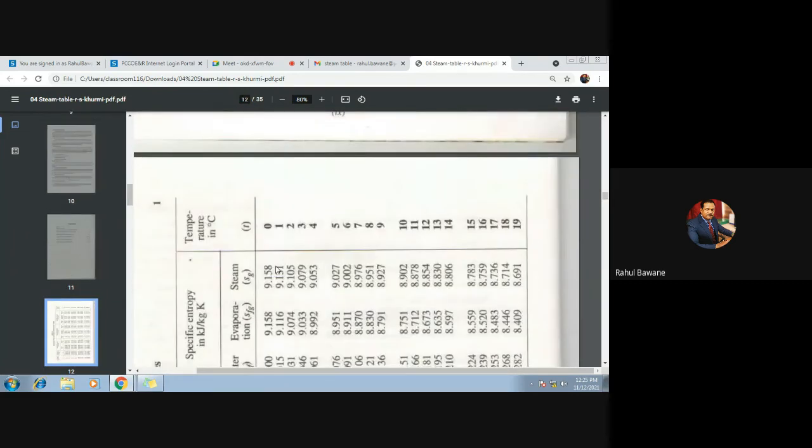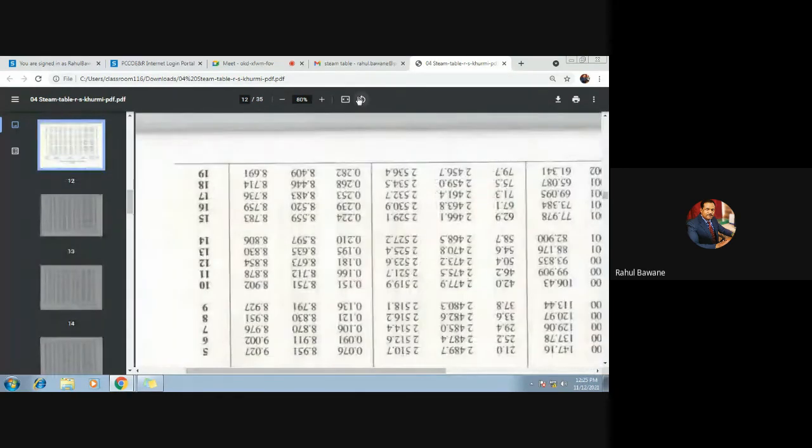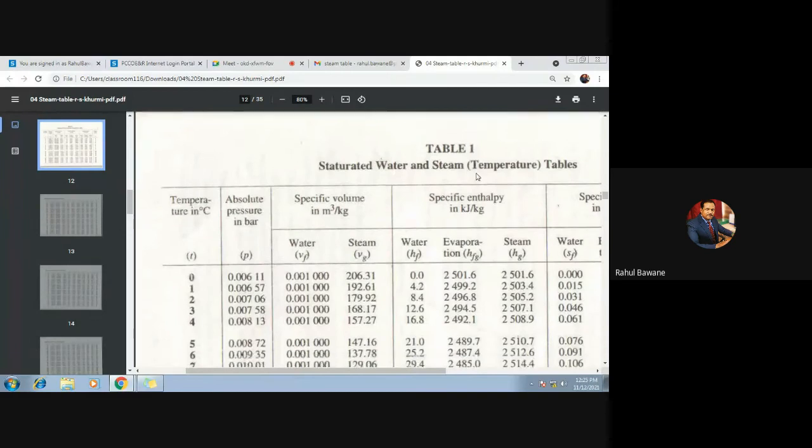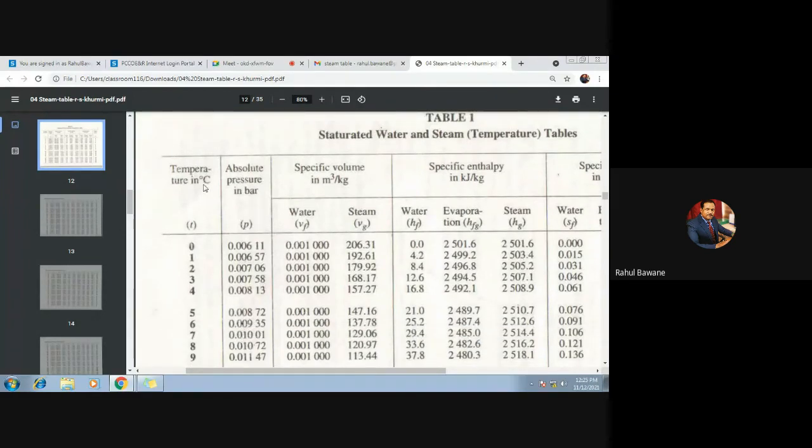Now we will move on to table 1, the tabulated table. Temperature is given in degree centigrade in this table. If in a numerical it is given in Kelvin, convert into degree centigrade. So this is the saturated water and steam table on the basis of temperature. The first column is temperature. And what are the different values? For the corresponding saturation temperature, what is the absolute pressure?